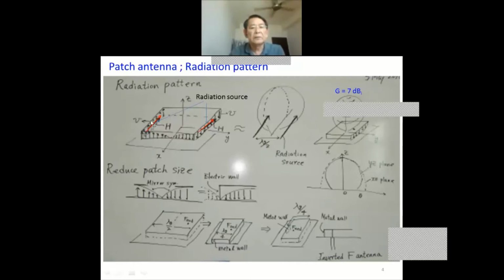However, the magnetic field becomes the same direction. So from this magnetic field, the radiation is achieved. So these two magnetic fields become the radiation source.